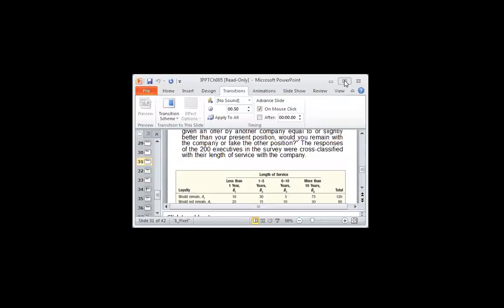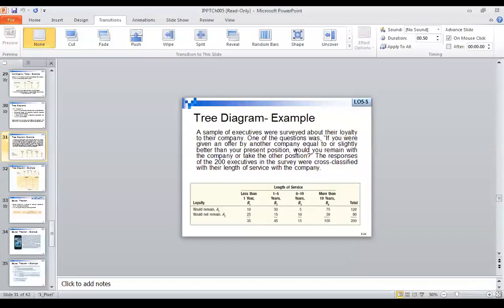Okay, so here we go. A sample of executives surveyed about their loyalty to their company. We're looking at loyalty based on length of service. Less than 1 year, 10 are saying that they would remain, 25 are saying they would not remain.